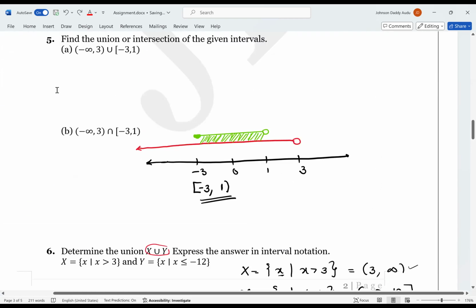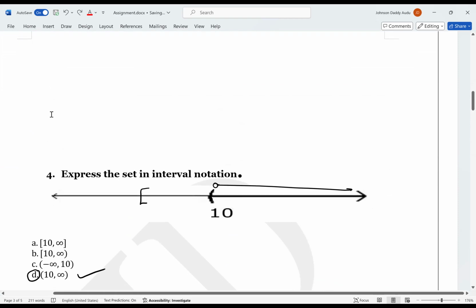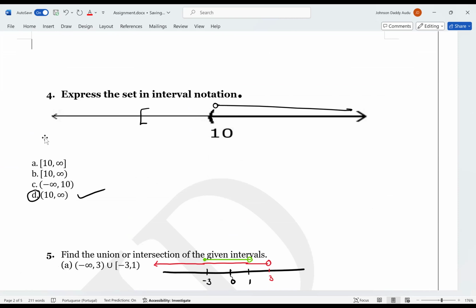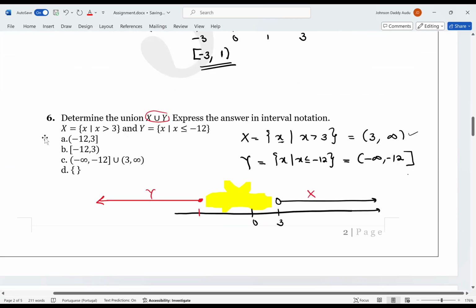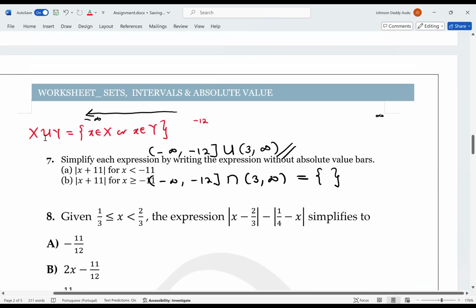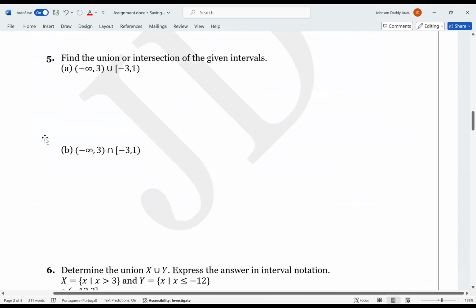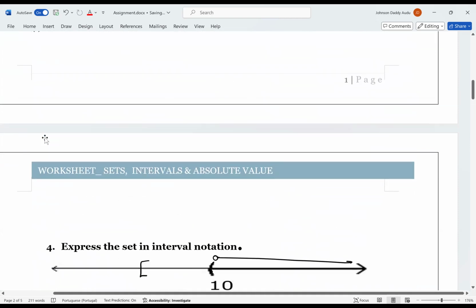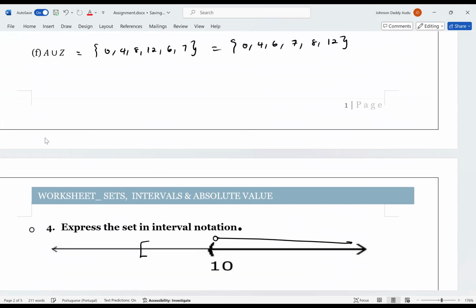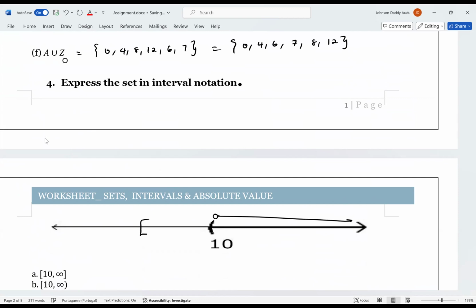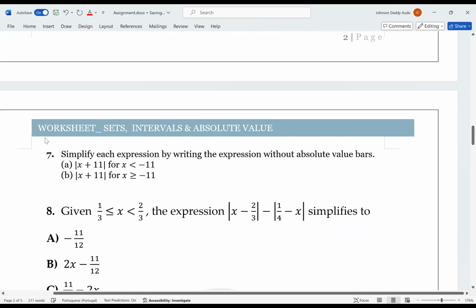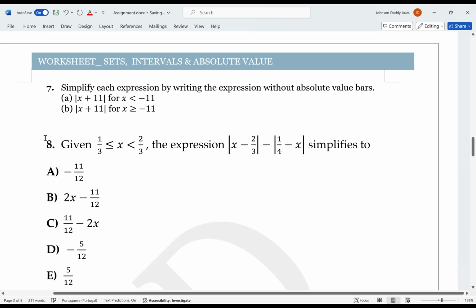Question number 7 is asking for simplification. It has to do with absolute values. So let's discuss that briefly. Need to create more space. All right, good.